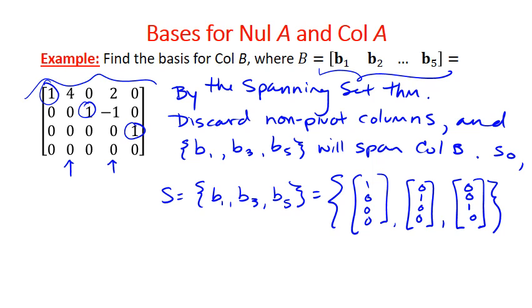So this is the basis for Col B. Now, since b1 does not equal 0, and no vector in S is a linear combination of the other vectors, S is a linearly independent set by theorem 4.